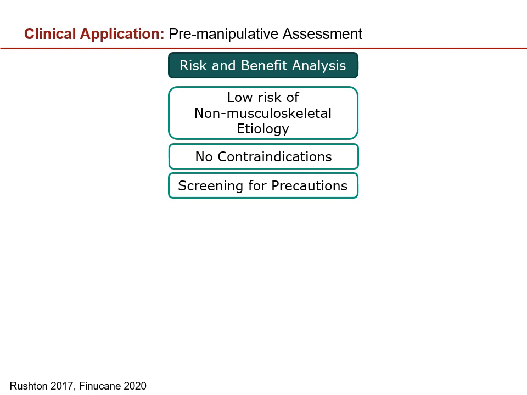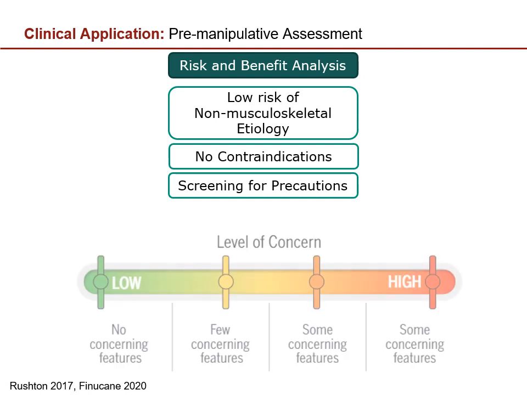So the risk and benefit analysis, you're looking at low risk of non-musculoskeletal etiology that you've done through the screening process of the medical chart, the patient history, the physical exam, no contraindications or precautions through your screening process, and the international framework for serious spinal conditions uses this sliding spectrum, if you will, of where do you fall.